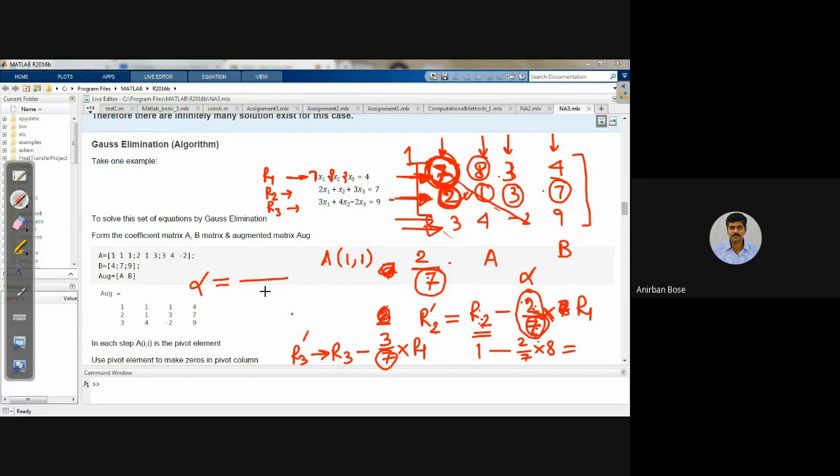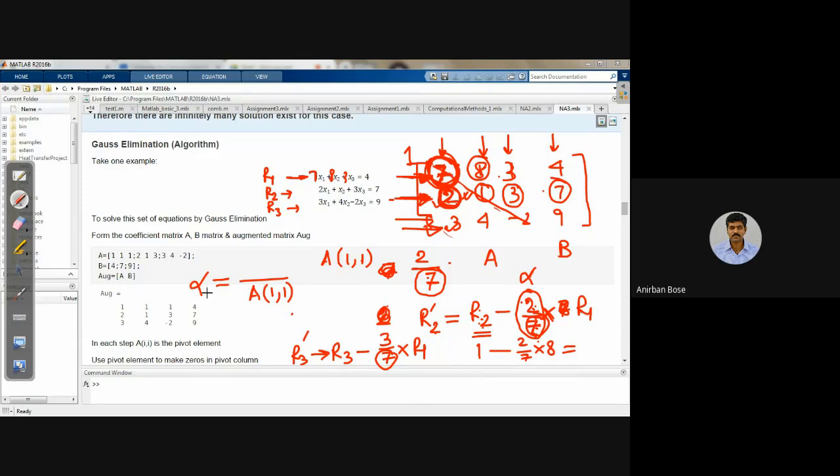So in the denominator, it is the pivot element. In the first, when we are considering the pivot element as 1, it is basically the pivot element. And in the numerator, it is the particular element that we want to make 0, the value of those elements that we want to make 0 in that particular row.